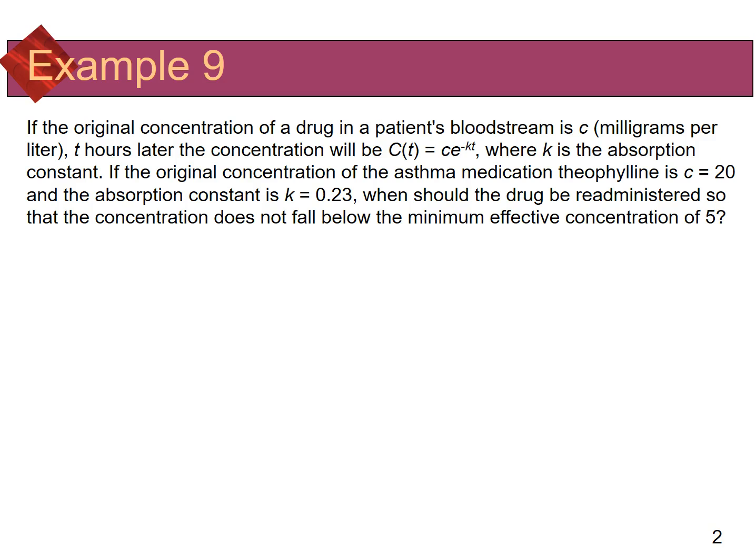If the original concentration of the asthma medication theophylline, you could say I'm not familiar with the drug, so I'm probably massacring that name, is C equals 20, and the absorption constant is k equals 0.23, when should the drug be readministered so that the concentration does not fall below the minimum effective concentration of 5?